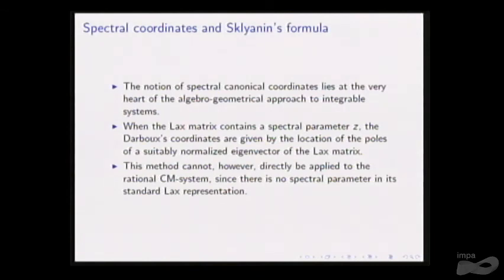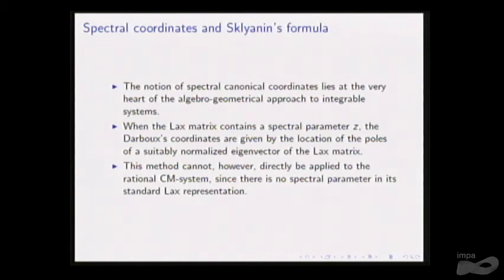Okay, here there is a comment that in some sense I already made at the beginning, even though Volodia did not agree with me. These spectral coordinates are very important in the theory of integrable systems, not only classical integrable systems, but also quantum integrable systems.